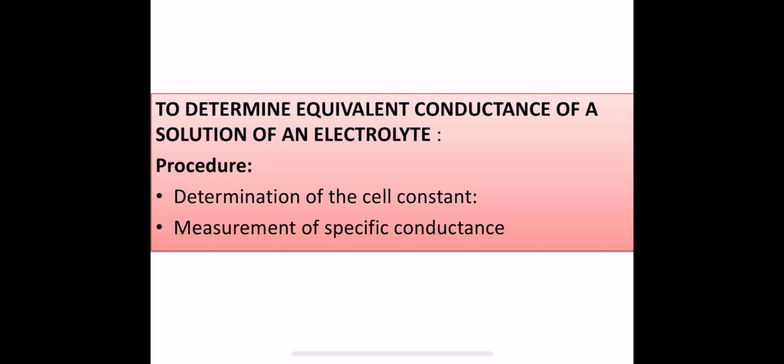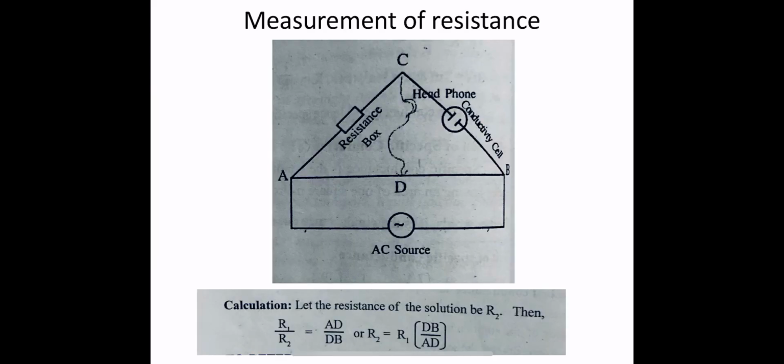Before understanding how to determine the equivalent conductance, we should know how we measure the resistance. This figure explains how the connections are made to determine the resistance of a given unknown solution. Here, A and B is a uniform resistance wire, and a sliding contact D is moved along the resistance wire.